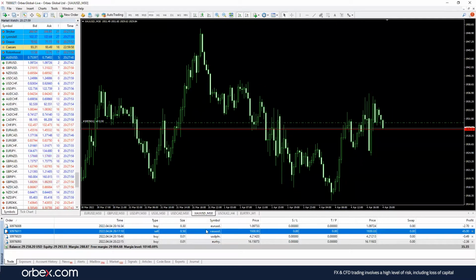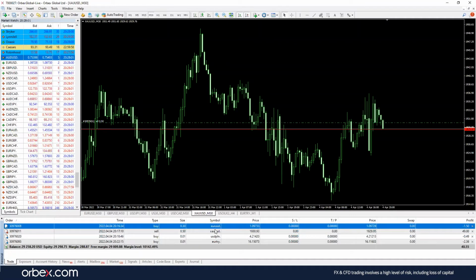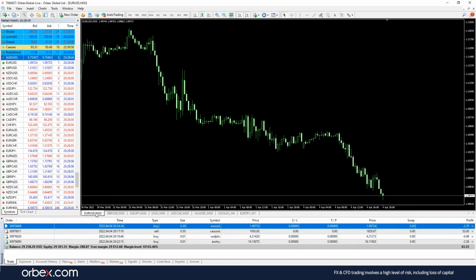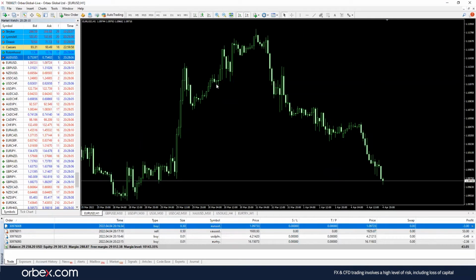What I've done here on my trades is I've bought the euro against the dollar. I bought the euro thinking that it's going to be stronger than the dollar. On the chart here, I'll put it back to a 1 hour chart. At the moment, this leg to the downside indicates that the euro is weaker against the dollar in this particular channel, because it's moving lower. At the moment, for 1 euro, I'm getting $1.09.